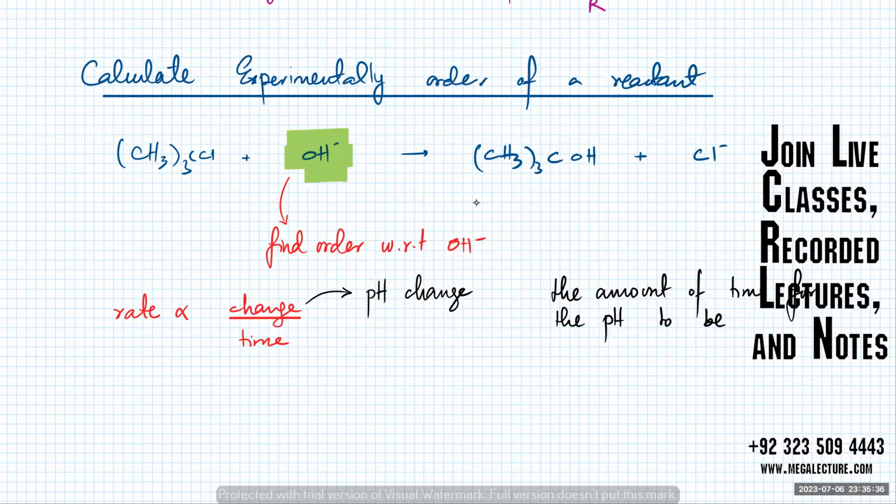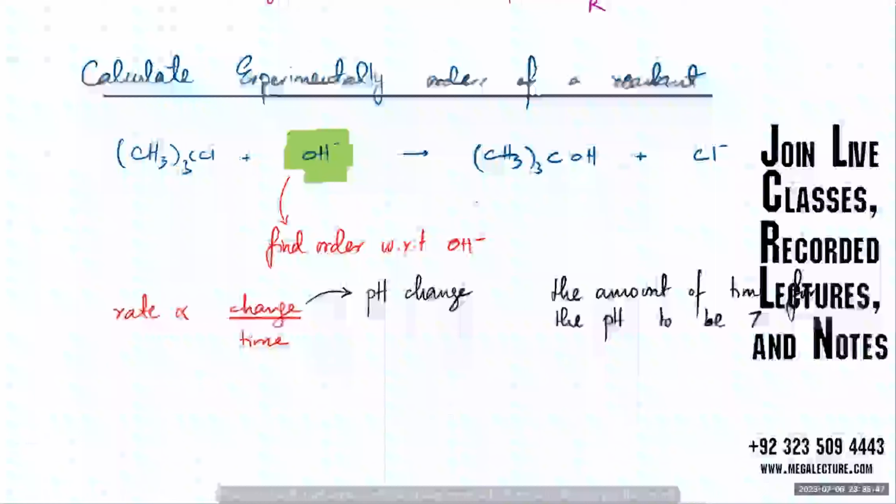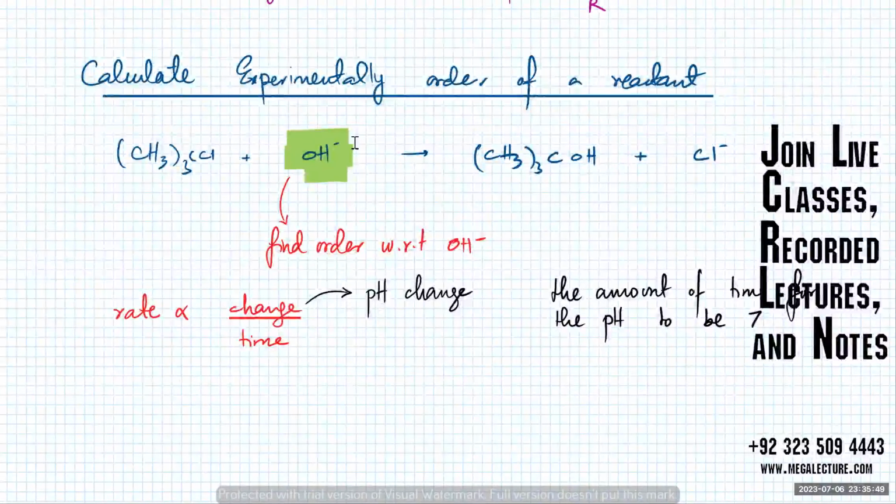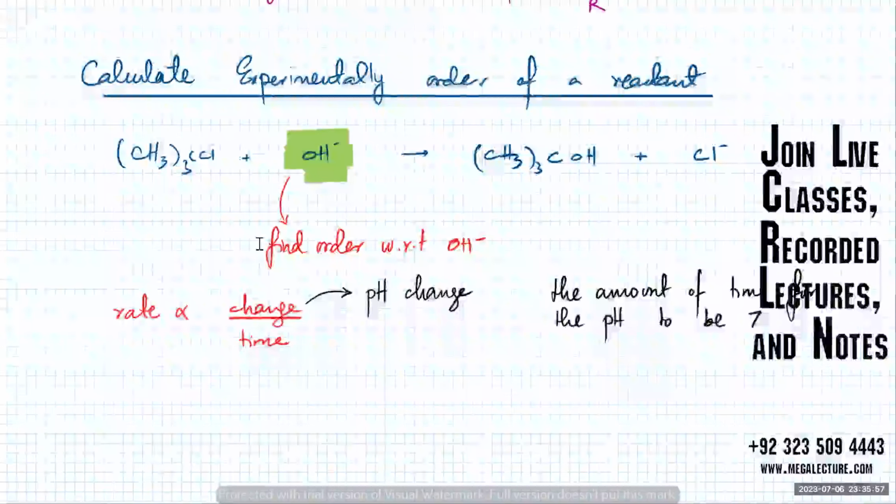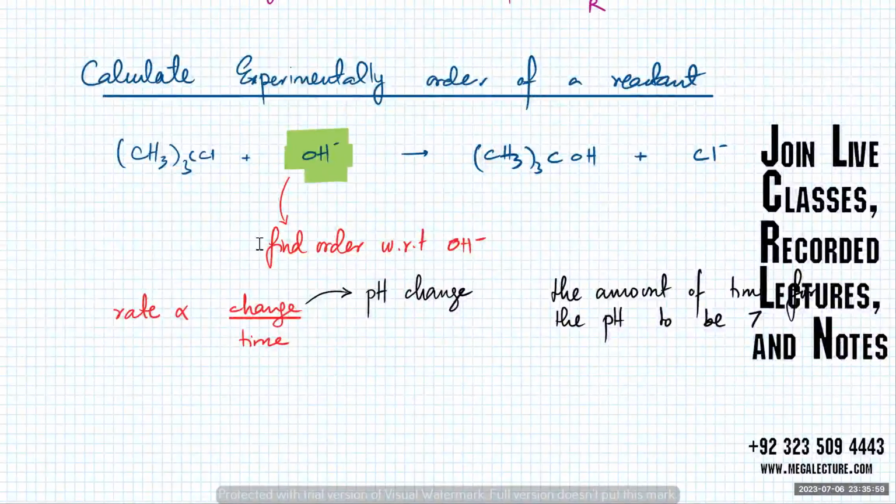Which of the reactants has to be added in excess? You're trying to find the order of this reactant, right? Because you have to keep the concentration of all the other reactants constant, you're going to keep the other reactant in excess.